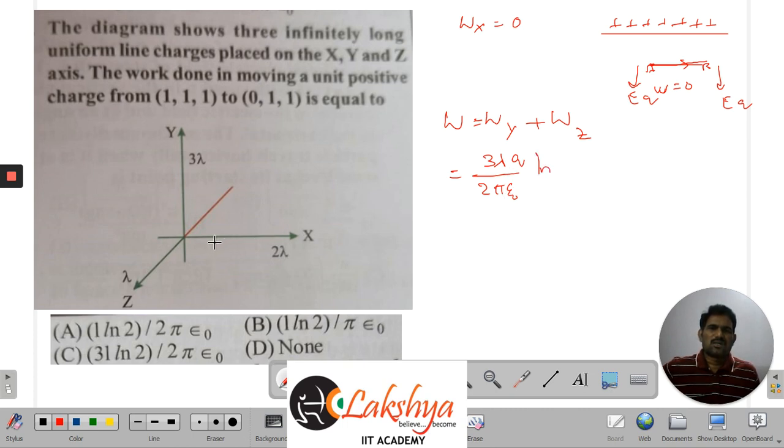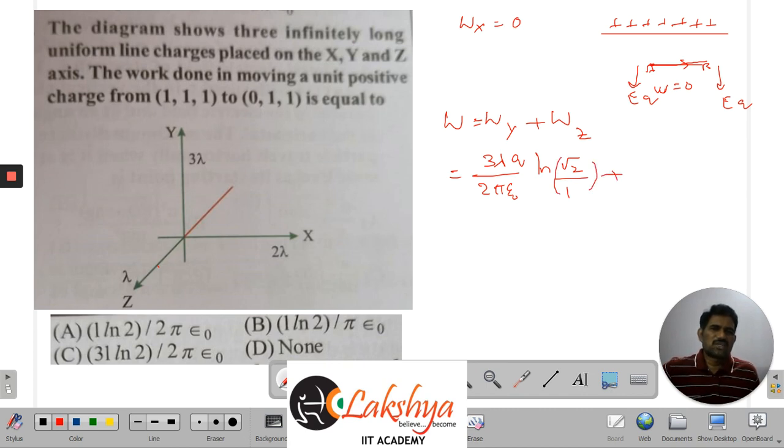Here we are traveling from 1, 1, 1 to 0, 1, 1. Initially, at this point, the distance from either the x-axis, y-axis or z-axis will be root 2. So it is root 2 by 1, because when it reaches this point the distance will become 1 meter, the distance from either axis. So this is our ln r2 by r1 formula.